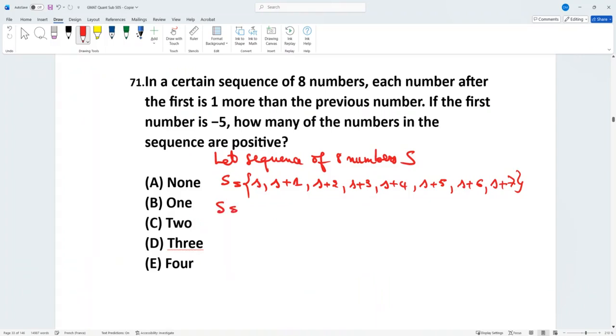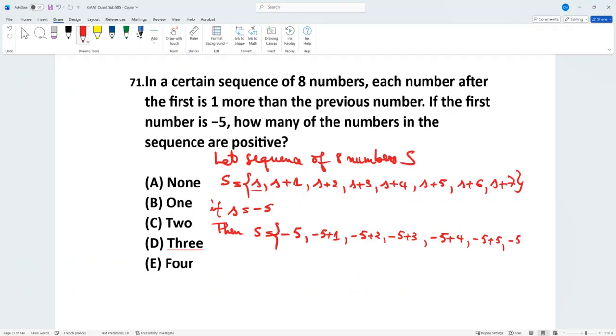Okay. And then it says, if the first number is -5, how many of the numbers in the sequence are positive? So as we determine, the first number here is S. So it simply means that if S is equal to -5, then our sequence will have numbers like this. -5, the second number is going to be -5 plus 1, -5 plus 2, -5 plus 3, -5 plus 4, -5 plus 5, -5 plus 6, and then -5 plus 7.